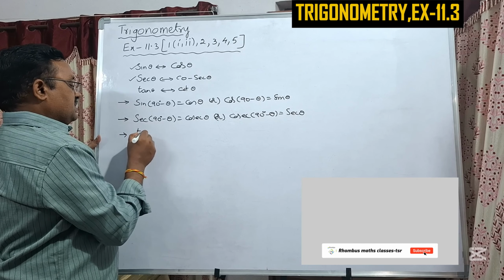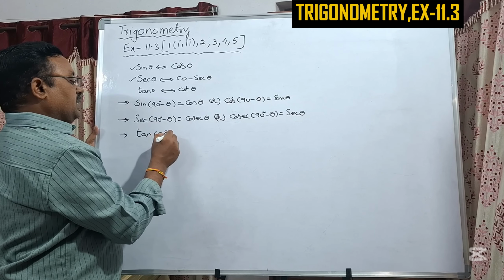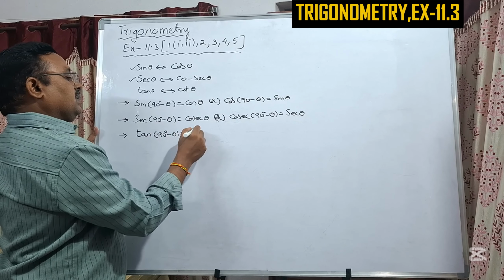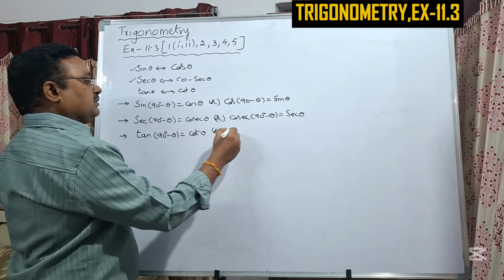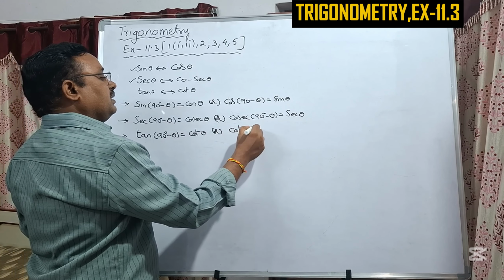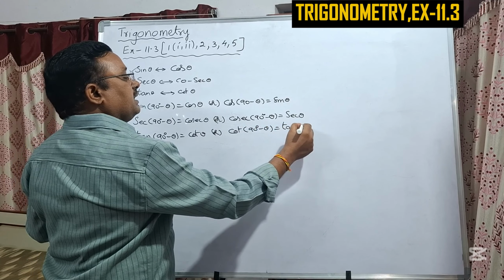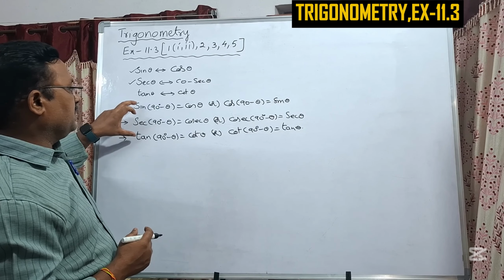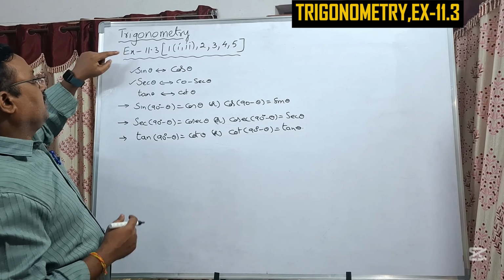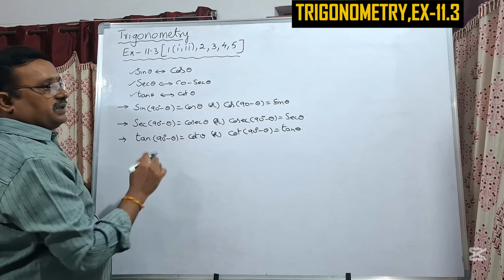And the third one is tan 90 degrees minus theta can be written as cot theta, or the same thing can also be written as cot 90 degrees minus theta is equal to tan theta. So this simple concept is enough to solve the important model questions of this exercise.